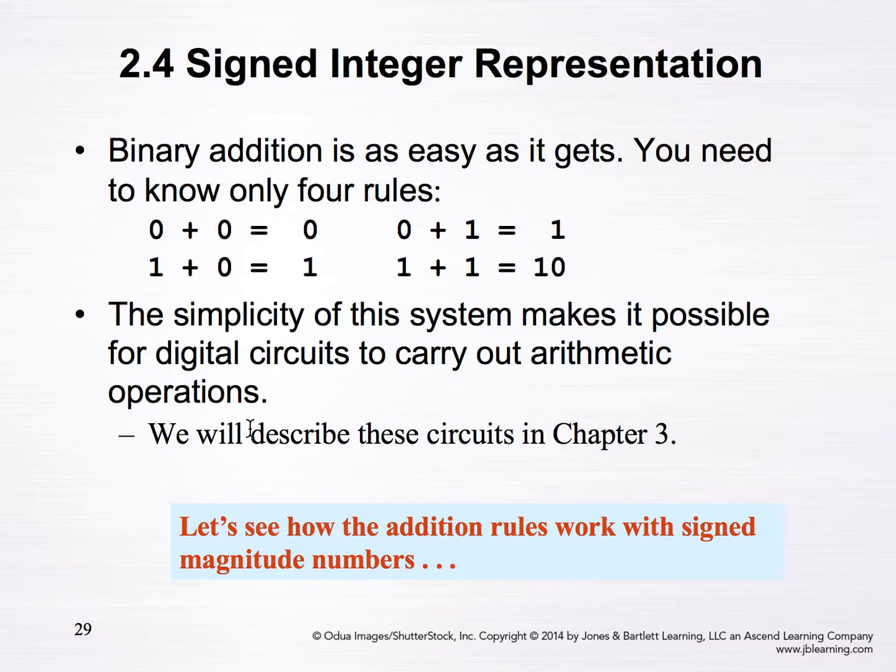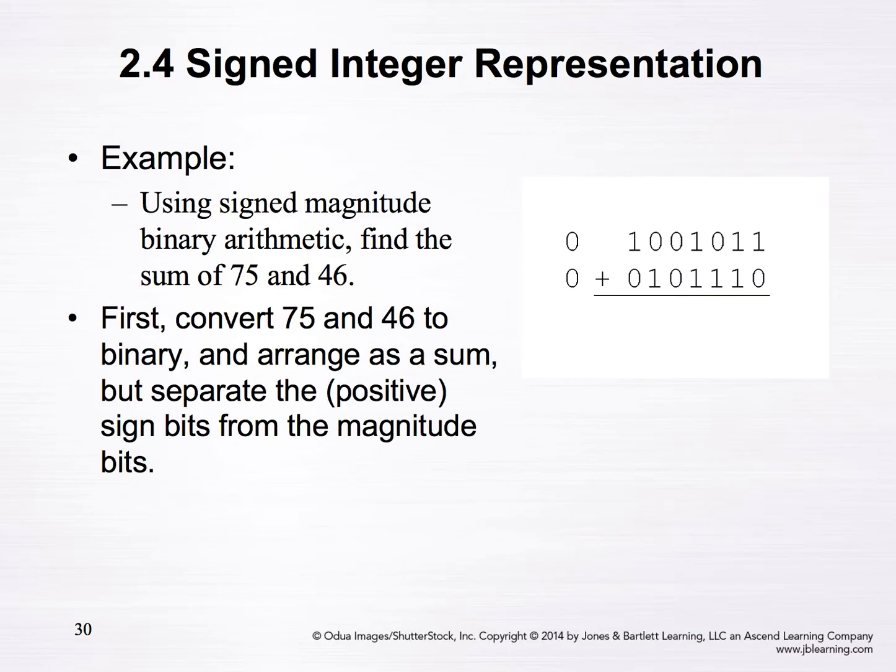So let's see how the addition rules work with signed magnitude numbers. Here's an example. We want to compute the signed magnitude binary arithmetic sum of 75 and 46.